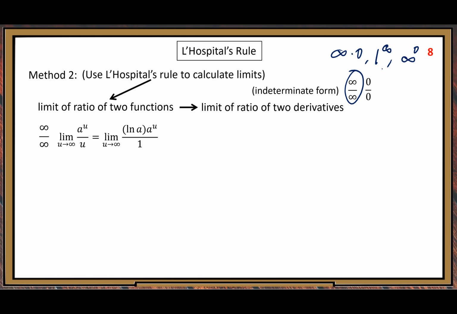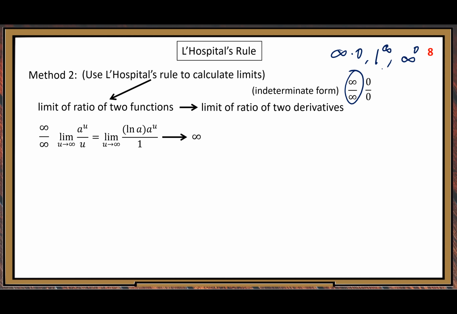So the answer is infinity over 1, which is also infinity. This is a rigorous proof: when u goes to infinity, a to the u over u goes to infinity.